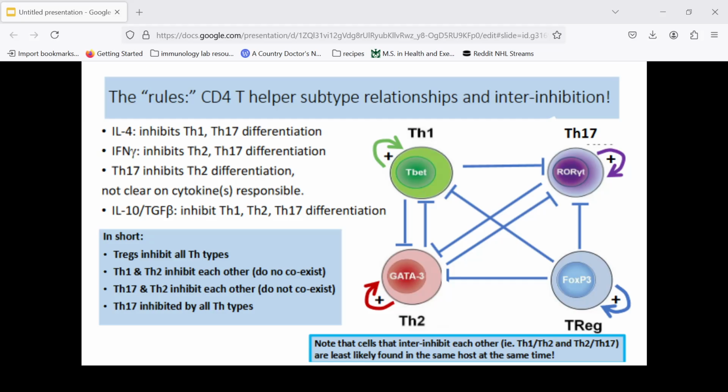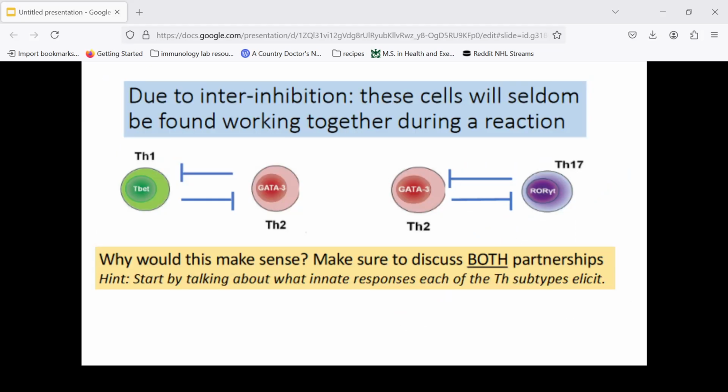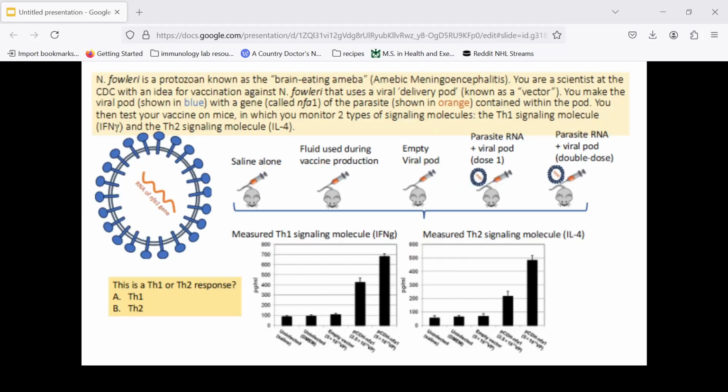You want to limit the amount of damage you're doing if it's going to cause too much collateral damage. So that's why we have those inhibitions and also collaborations between these TH types.